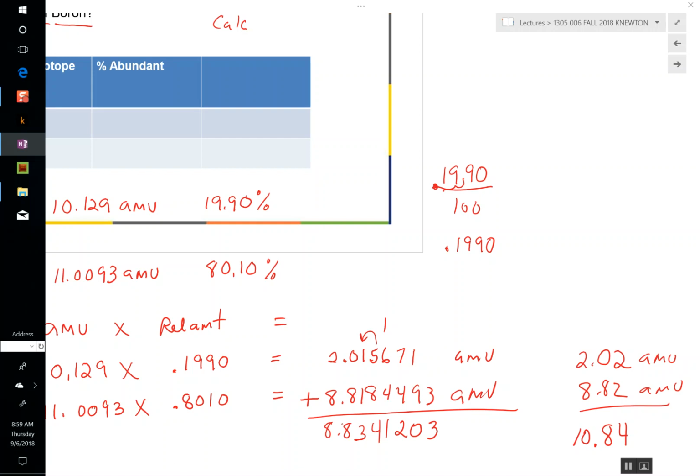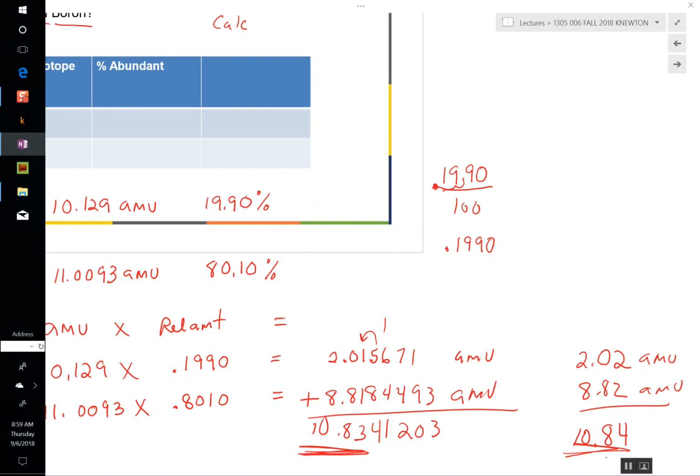And then 4103. That's what we had. Is that right? Okay, so this is coming out to about 10.83, about 10.84. They're roughly the same, but that's the average atomic mass.